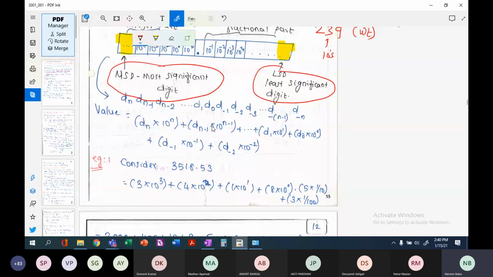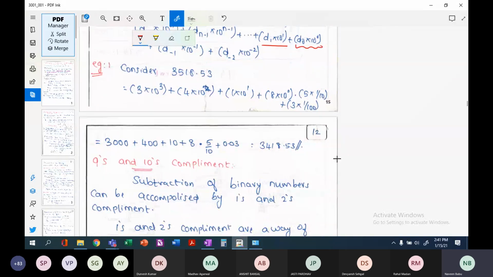Then we multiply them with the positional weights in order to get the actual value. So D0 is multiplied by the positional weight 10 power 0. D1 is multiplied by 10 power 1. Similarly, on the right hand side, the fractional part, D power minus 1 is multiplied by 10 power minus 1. Likewise.